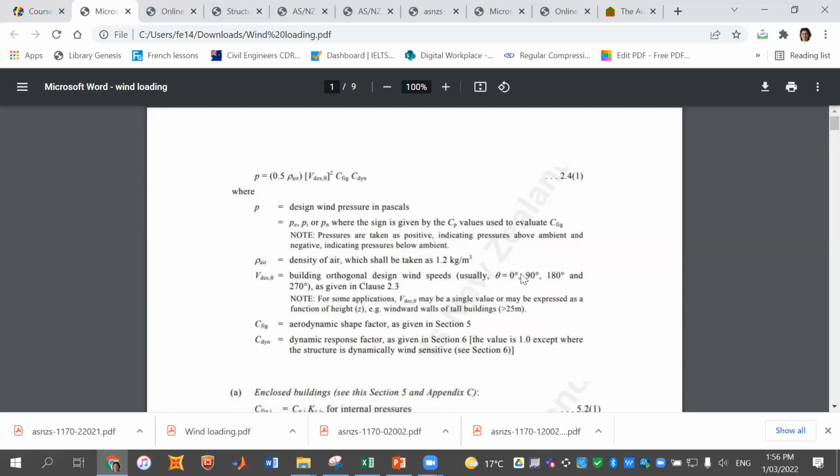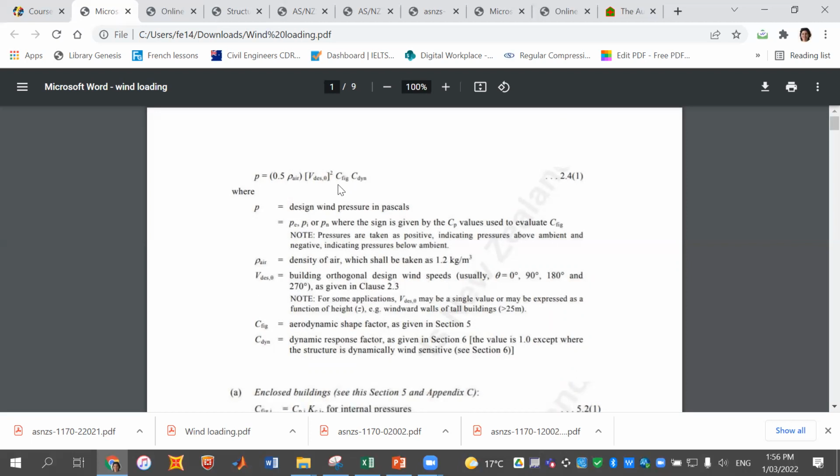Usually theta is 0, 90, 180, and 270, given by clause 2.3. If you go to that clause of the standard, you will see how to define this factor.